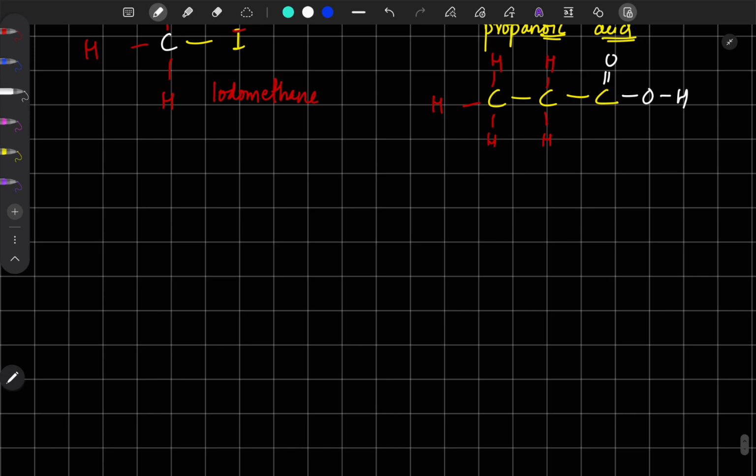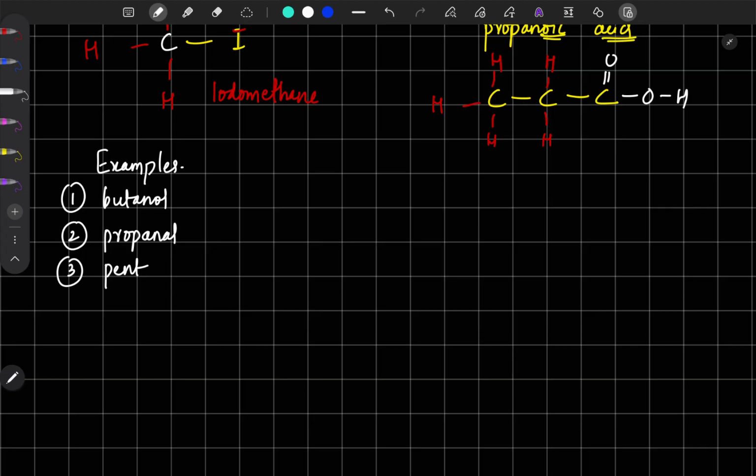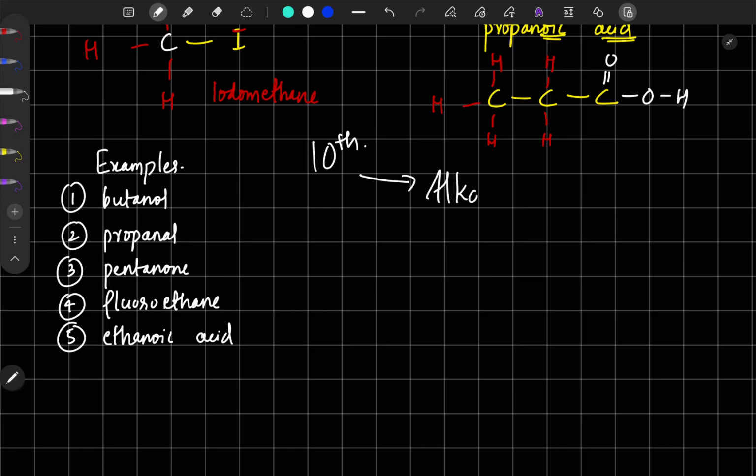Some examples you can try: butanol, propanal, pentanone, fluoroethane. Fifth one, let us take ethanoic acid.